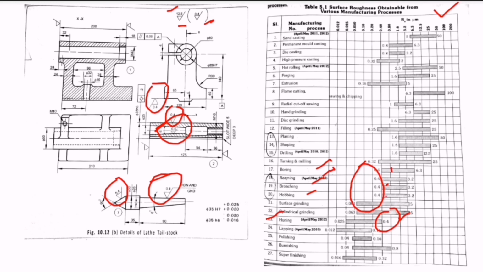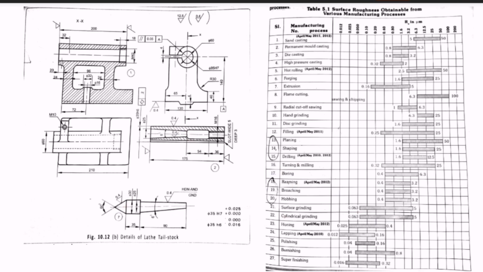So honing is nothing but machining the abrasive surfaces, means wherever the grinding operation we are doing, there we'll use this honing. So remaining all the places where that number 0.4 is indicated may be reaming or broaching, we can take it as somewhere it is boring. As we saw in the process sheet, Morse taper grinding is there.